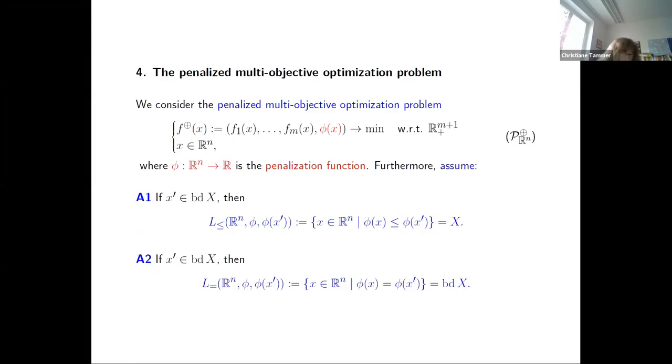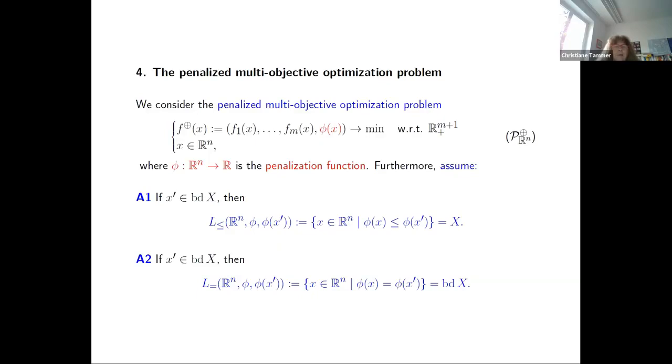And for our assertions, we have to suppose that A1 and A2 are fulfilled for elements x prime belonging to the boundary of the feasible set X. We suppose that for the penalization function, the lower level set with the level phi of x prime coincides with the feasible set X, and furthermore, the level line of the penalization function with the level phi of x prime coincides with the boundary of X.